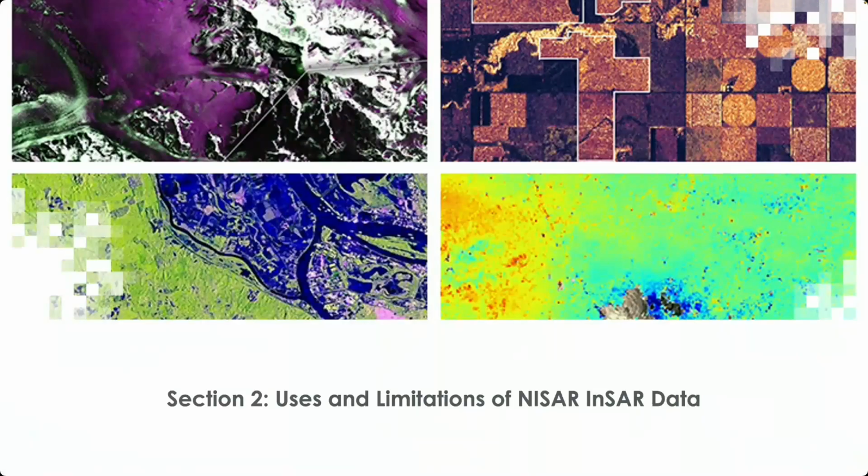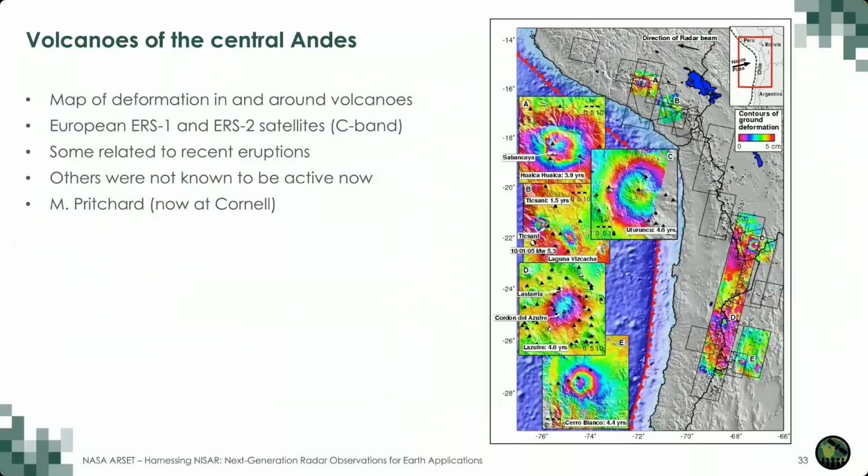So now I'm going to talk about some of the uses of the NISAR InSAR data, using some examples from previous satellites, since we don't yet have a lot of good examples from NISAR. This is a map that was made more than 20 years ago of volcanoes in the central Andes of South America.